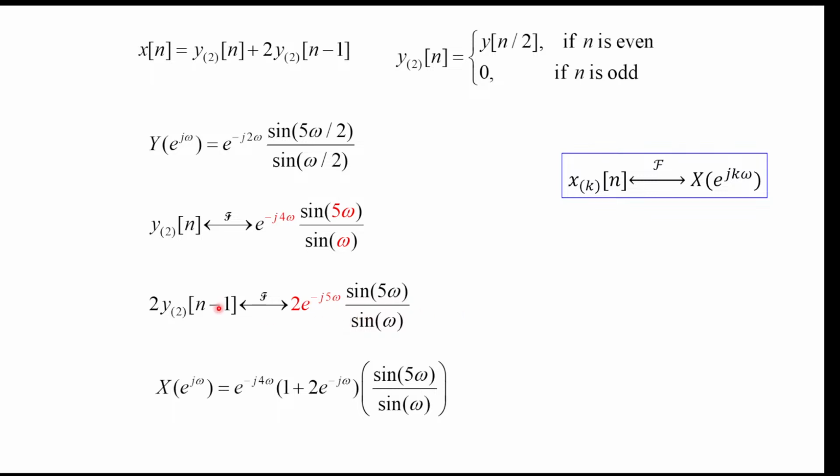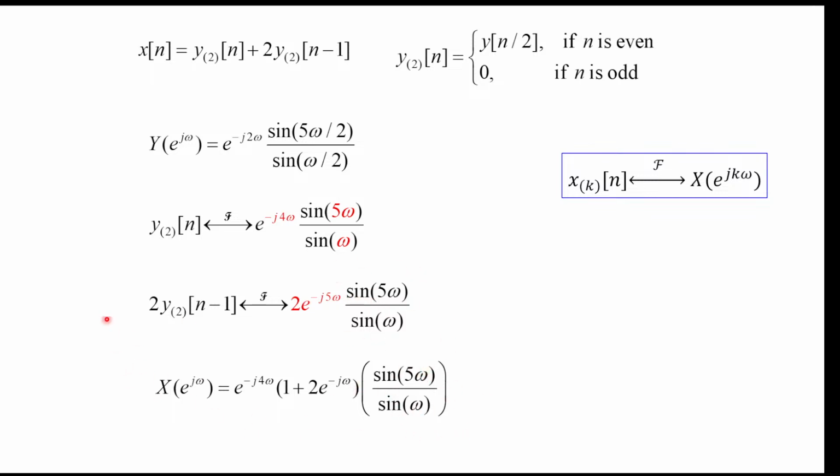Okay, so now we have all our components. We have the Fourier transform of y sub 2 and the Fourier transform of y sub 2 over minus 1, and we add them together. That's the Fourier transform of your x of n. So your big X is e to the minus j4ω, and those h of n factors, so 1 plus 2 and the h of n e to the minus jω, and then you have those sin(5ω) over sin(ω).